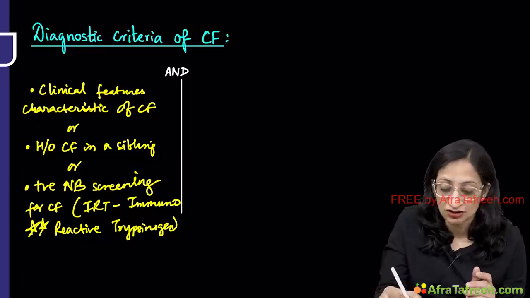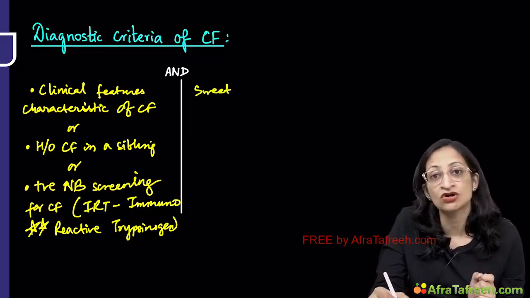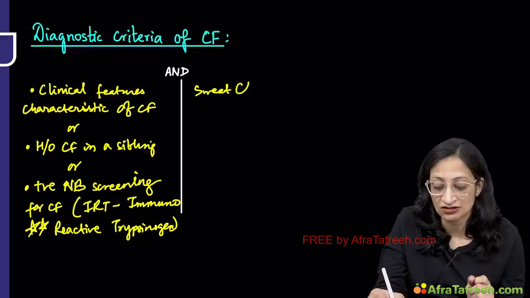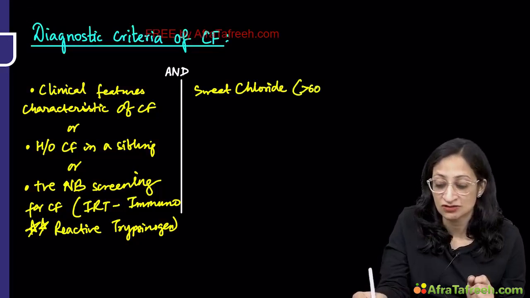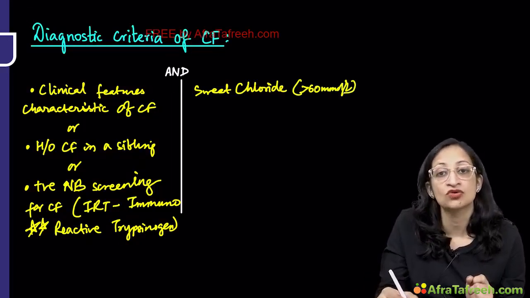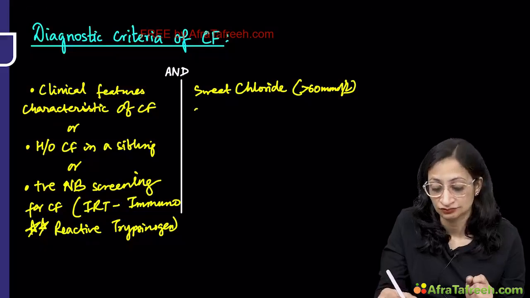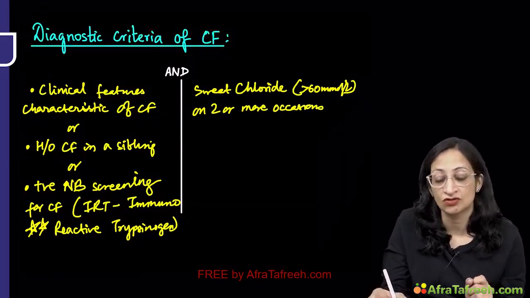So any one of these three, plus some investigation findings like sweat chloride more than 60 millimoles per liter on 2 or more occasions. Sweat chloride is an easily doable test.